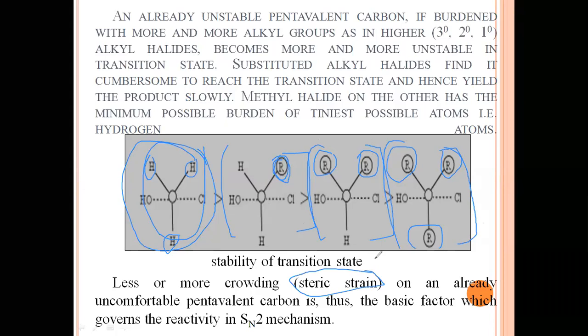So because of the steric strains and the pentavalent transition state, the lower class of alkyl halide is the preferable choice of substrate. So less or more crowding, that is the steric strain, on an already uncomfortable pentavalent carbon is thus the basic factor which governs the reactivity in the SN2 mechanism. That is the pentavalent carbon transition state.